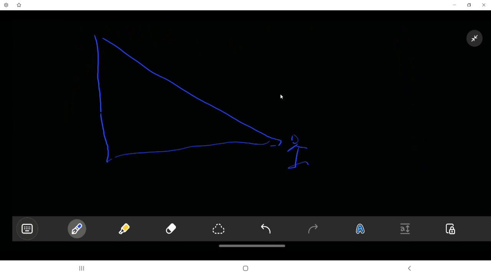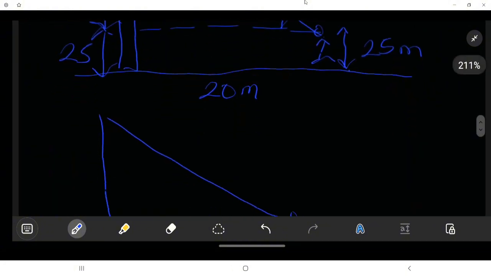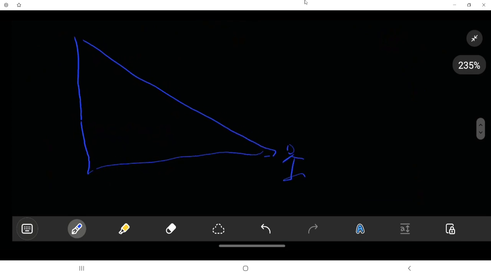So this is the pole. Remember, we still have a missing 25 meters over here, because from here to here is 25. Okay, let's continue. The question says the distance is 20 meters, so here's going to be 20 meters. And we are asked to find the height of the pole, which is here, so here's going to be x.